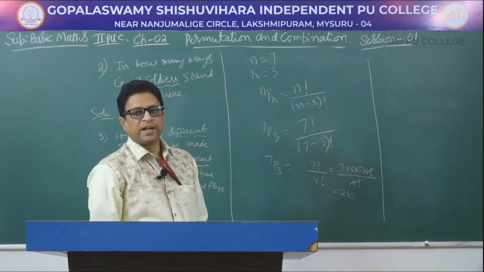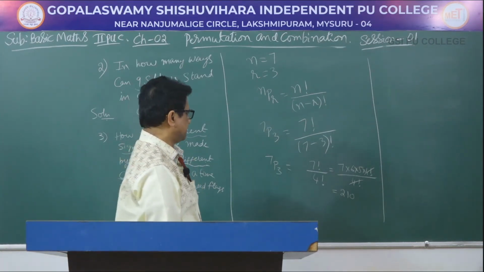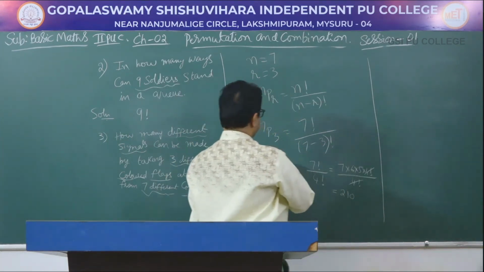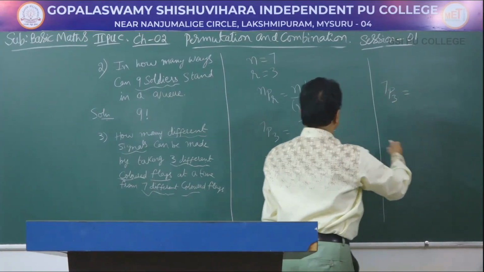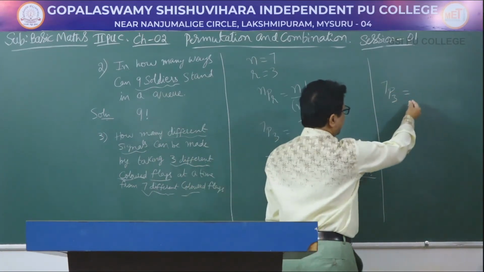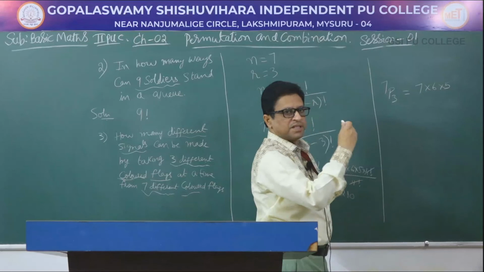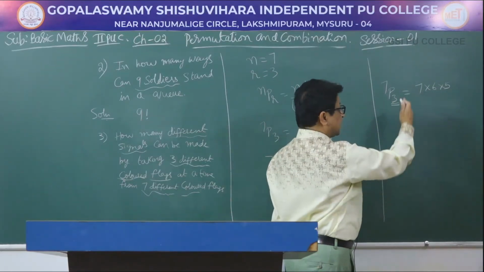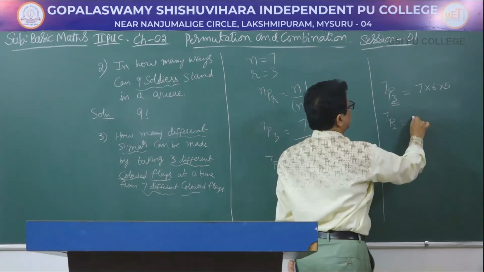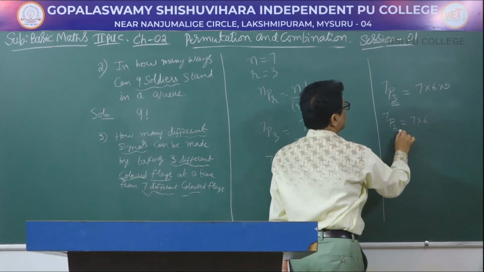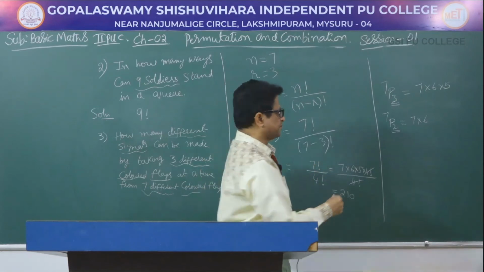In a shortcut way, we can calculate the value of the problems. For example, let us consider 7P3. Instead of applying the formula, you can write directly 7 into 6 into 5, 3 terms backward. Suppose you want to find 7P2, then 7 into 6, the product of 2 terms backward.